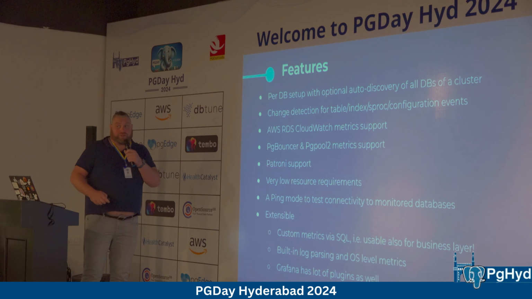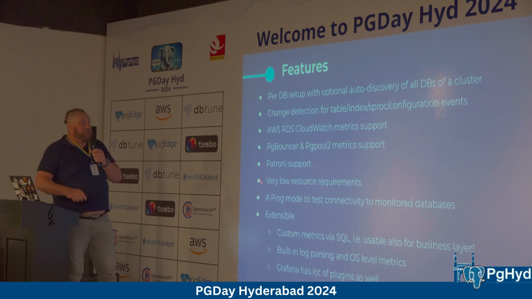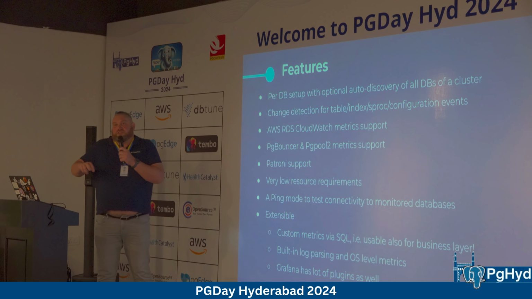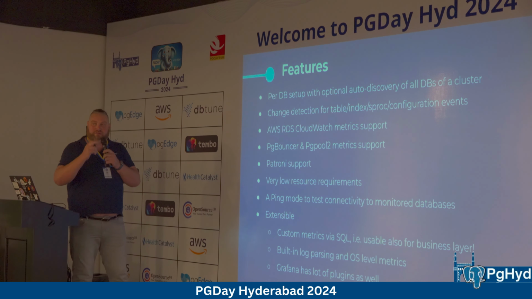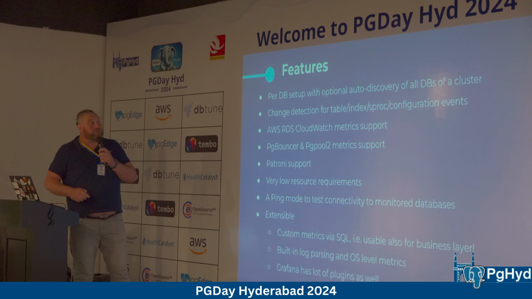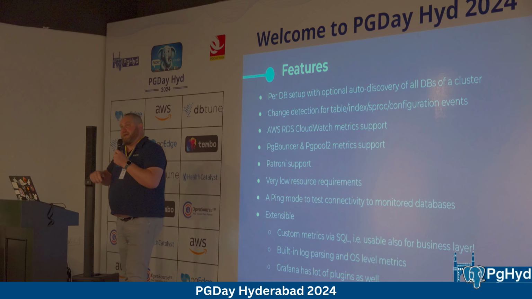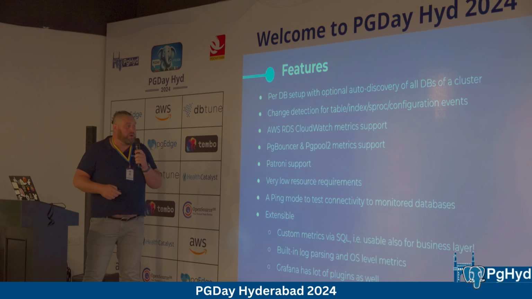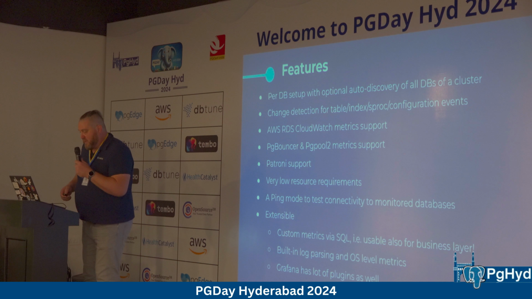We have full Patroni support. The same, if your Patroni cluster is running, you don't need to add every database under monitoring. You just provide the connection string to Patroni, and pgwatch will find all the cluster members and add them automatically under monitoring. As I said, very low resource requirements.